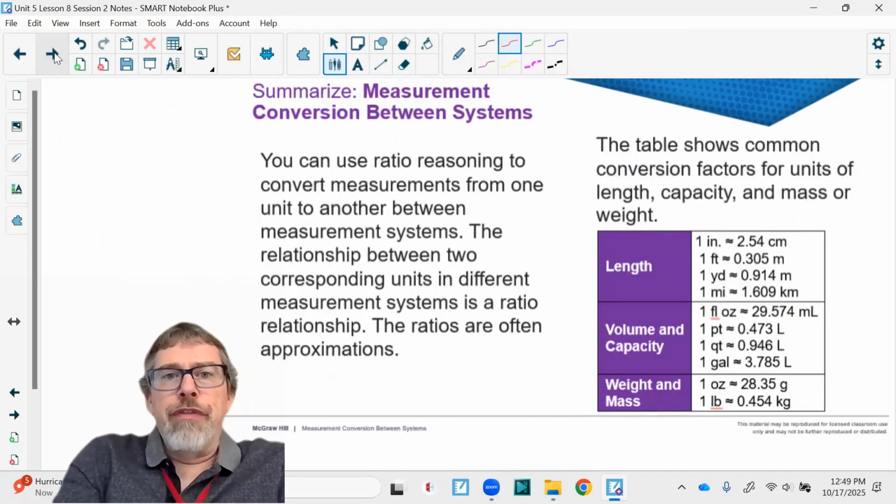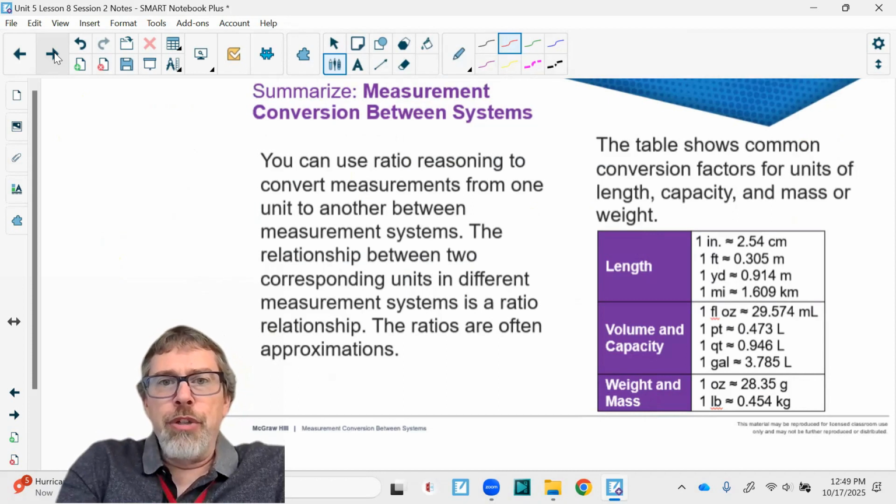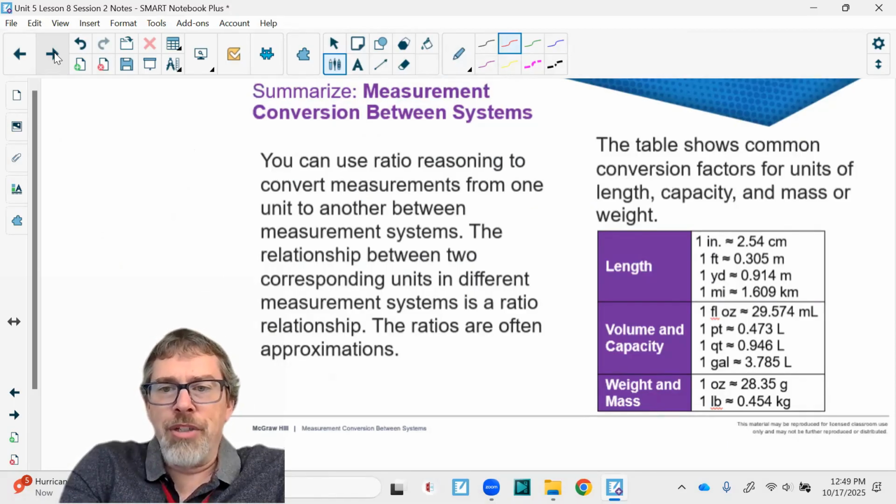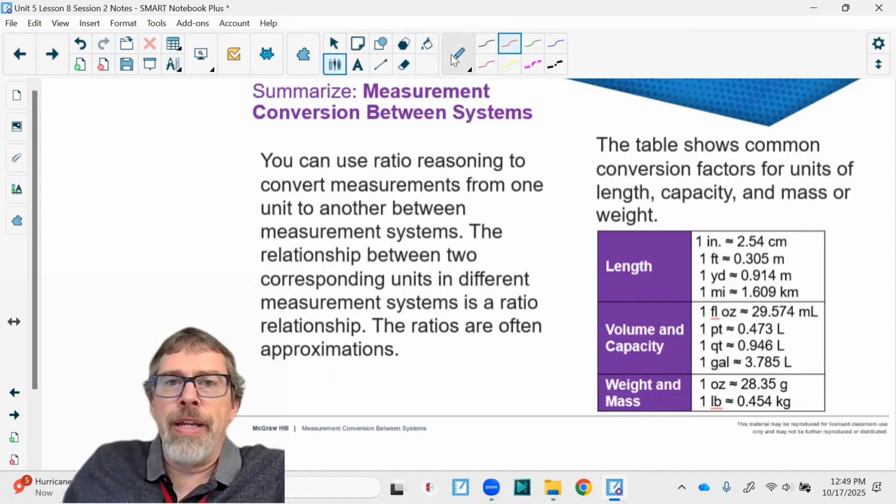Summarize, measurement conversion between systems. You can use ratio reasoning to convert measurements from one unit to another between measurement systems. The relationship between two corresponding units in different measurement systems is a ratio relationship. The ratios are often approximations. The table shows common conversion factors for units of length, capacity, and mass or weight.